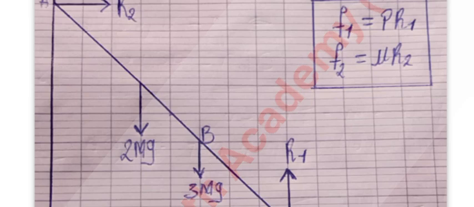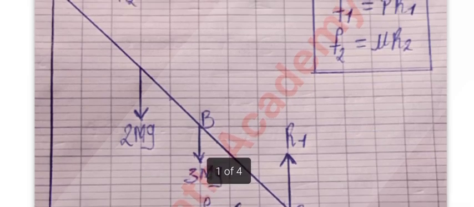And the weight of a body usually acts in the middle. So we are going to assume that this point here is the middle. Okay, we have 2mg. The mass is 2m and the weight is the mass times gravity, that's g, making it 2mg. Okay, let's continue.